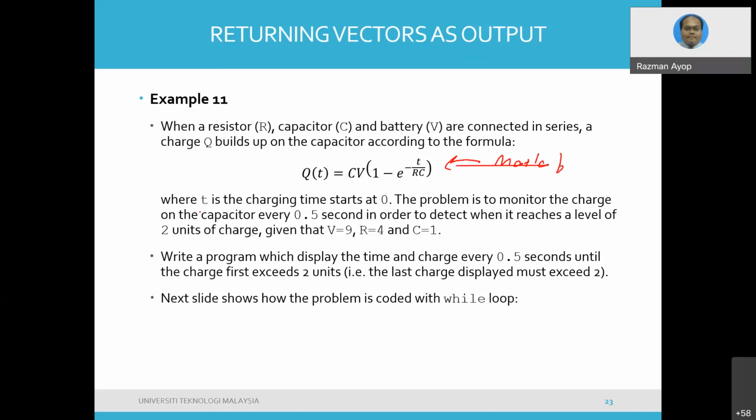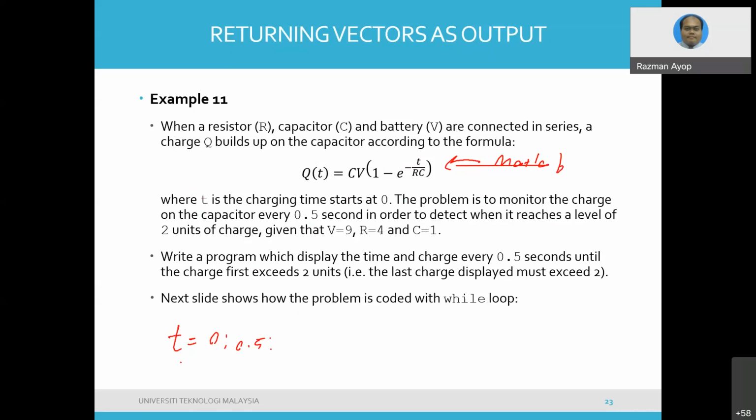And then you have to know the time. The problem is to monitor the charge every 0.5 seconds. So you can see here T starts from 0 and the step is 0.5, until the charge.